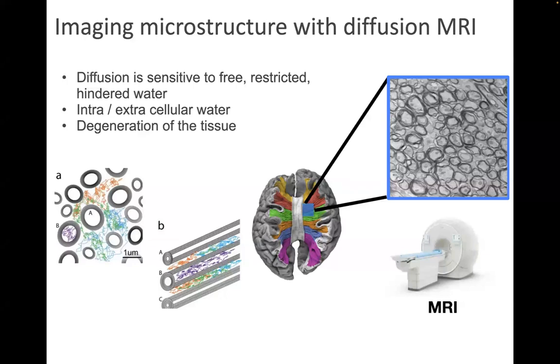So, a human brain that we see from top, and I'm going to zoom into a little section here. So imagine you have tubes. These are my images of axons. Axons are like tubes. And I'm slicing them, putting them under the microscope, or like this. So essentially you have water trapped inside axons.